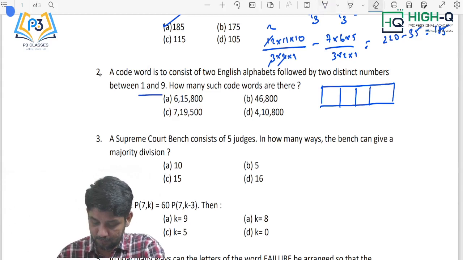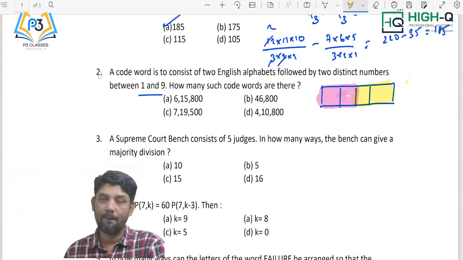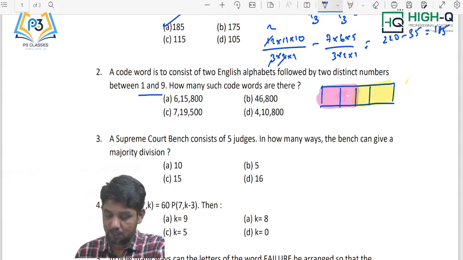It is clearly given: the first 2 places are alphabets, and these two are numericals.